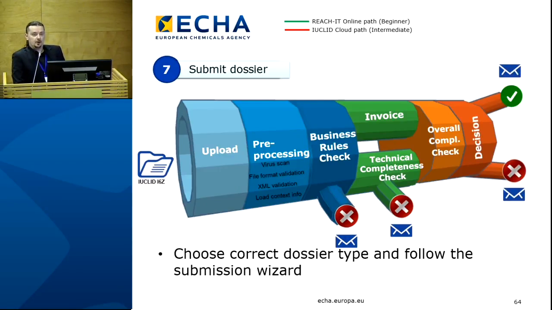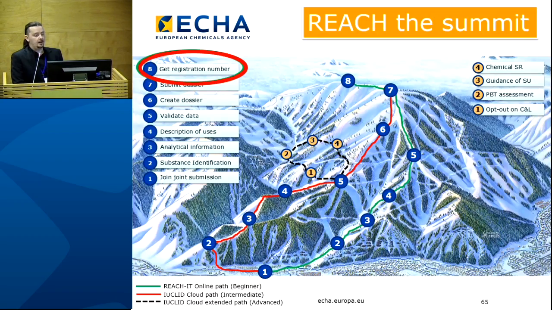After the overall completeness check, depending on how you succeeded, if you paid the invoice in time, and if your technical completeness check was correct, you go to the decision making, which is then quite Boolean. It's either positive or negative. And for a positive one, you will receive a registration letter. And that's what the last task is about.